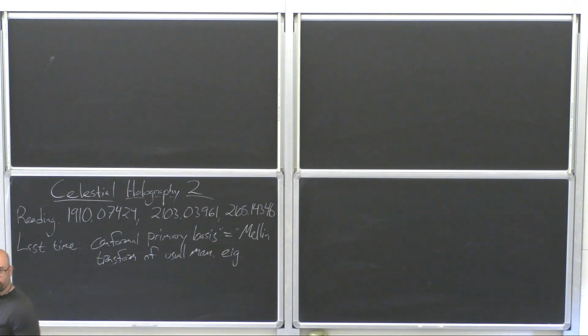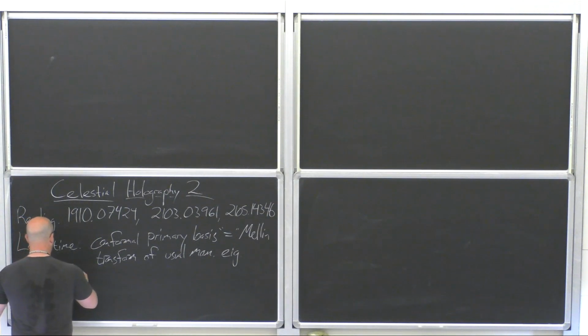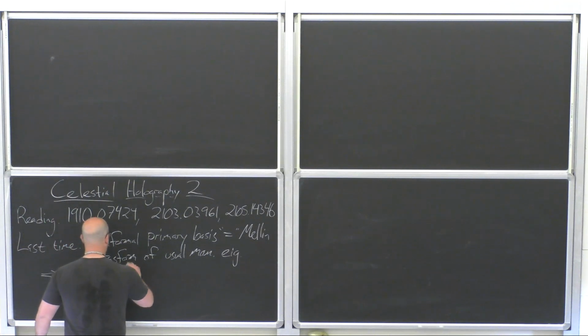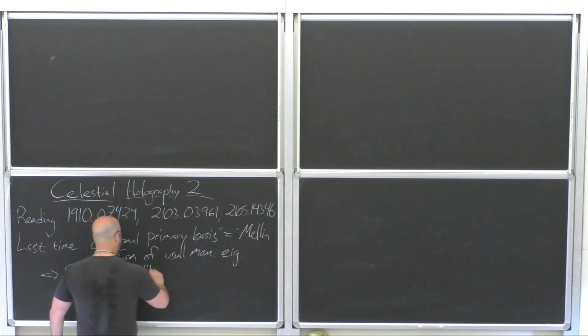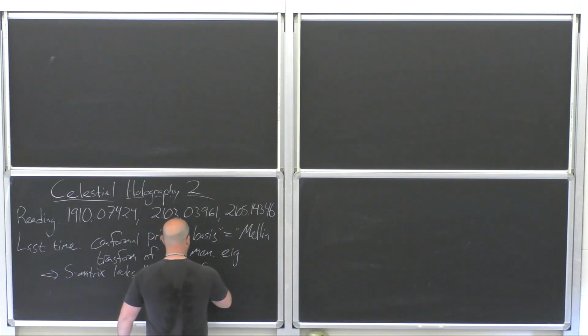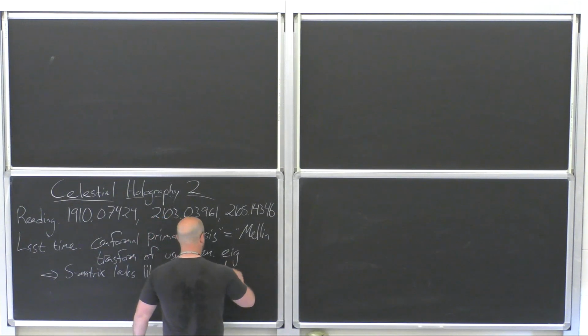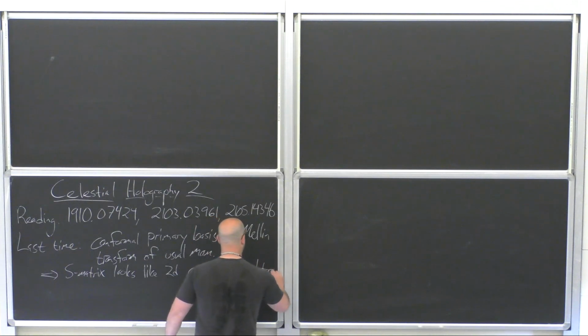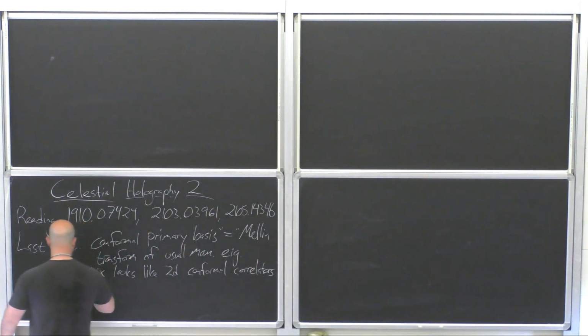And the reason why we cared about this was because this conformal primary basis makes the S matrix, or scattering amplitudes, look like 2D conformal correlators on the celestial sphere.